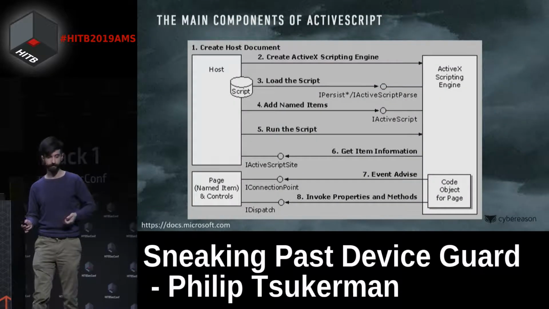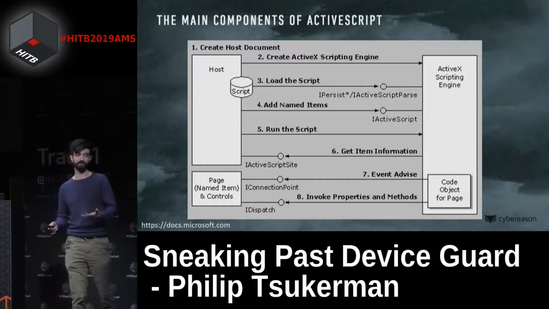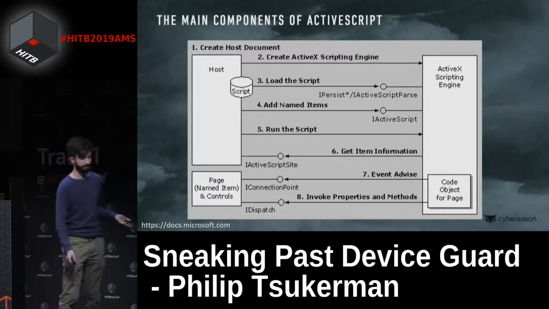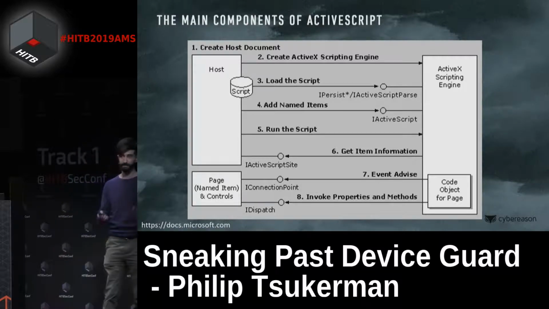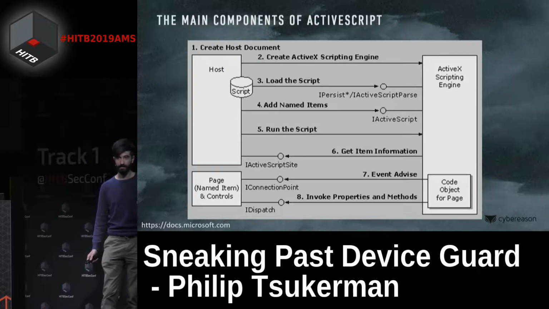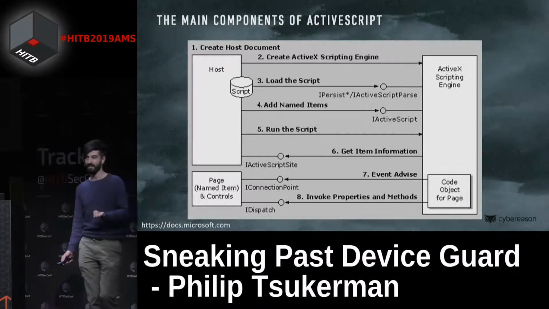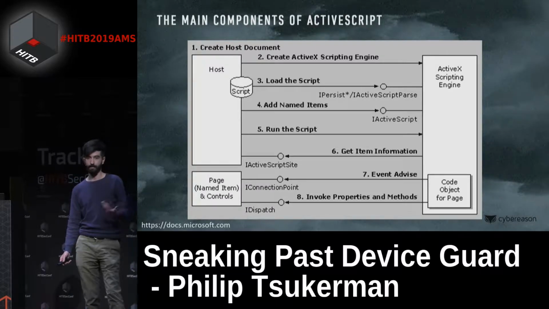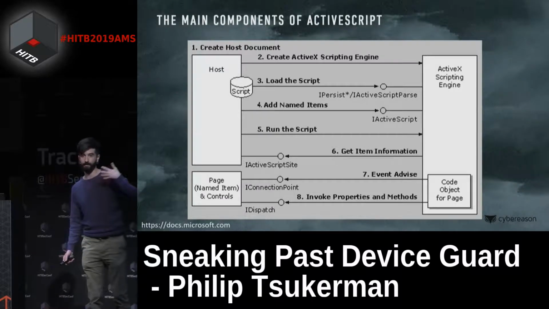So first of all, let's understand what ActiveScript is actually composed of. The least surprising element is scripting engines. You basically implement a scripting engine that exposes a couple of COM interfaces which are defined in the ActiveScript standard. And the other main component is scripting hosts, which is the element that's supposed to communicate with the scripting engine and provide the host application with the ability to script itself, and the scripting engine with information and methods from the host application.